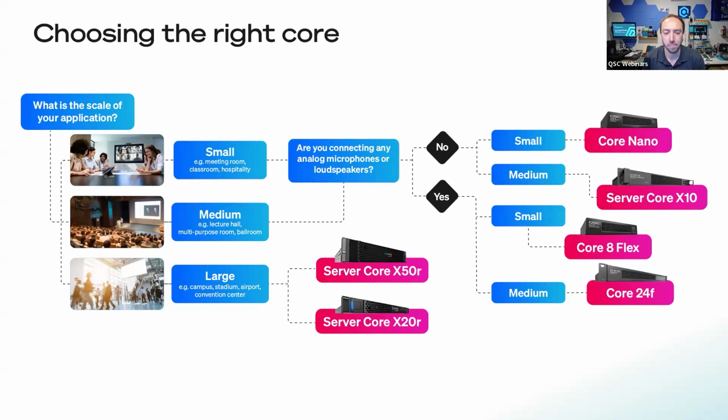Then maybe, even though there's a limited amount of IO, if I have a large touch panel count, then I will look towards the Core 24 or the X10. As long as I'm under that 96 peripheral count, I usually don't need the X10.